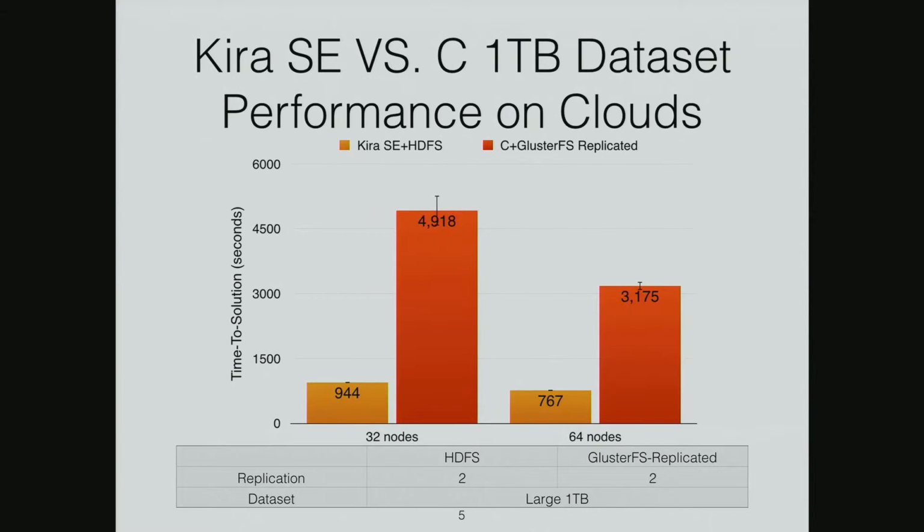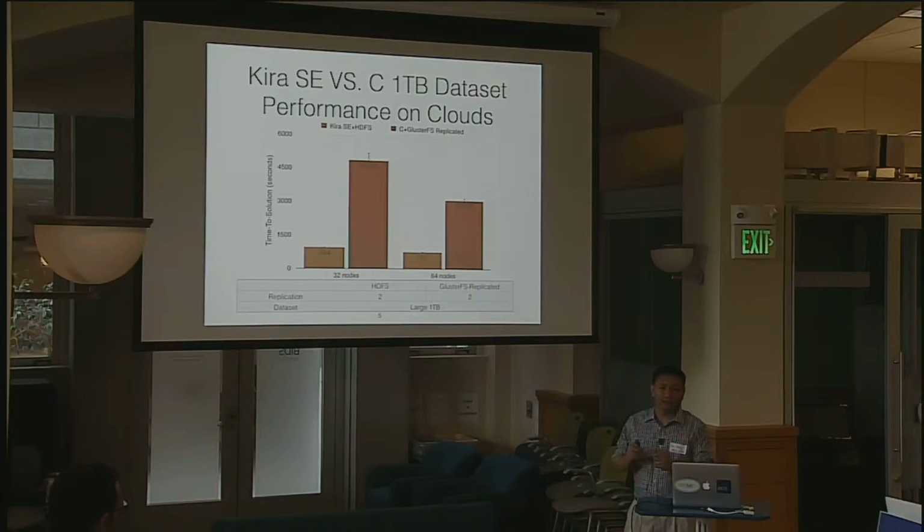What we can see is the Spark solution, Kira SE, runs about 4 to 5 times faster on the clouds than the other solution. The driving reason is that this application is data intensive. From a per-file study, 80% of the time is actually reading and writing files. Only a small amount of time is consumed by computation.